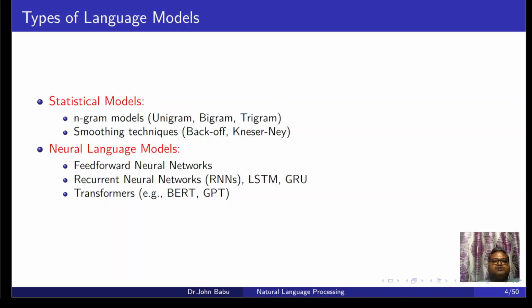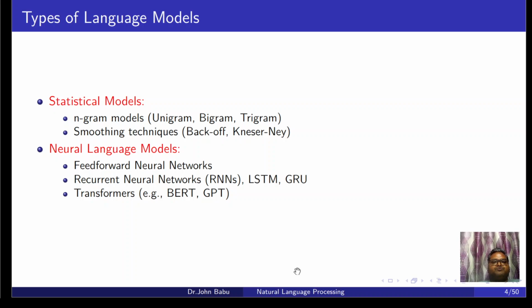Language models fall into two categories. One is statistical models, which we are going to study shortly. In the statistical models, we are going to see the n-gram model, combinations of words: unigram, one word; bigram, two words; trigram, three words.